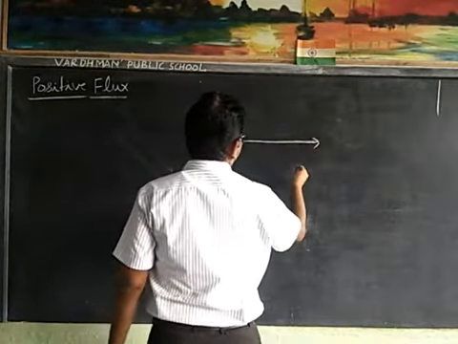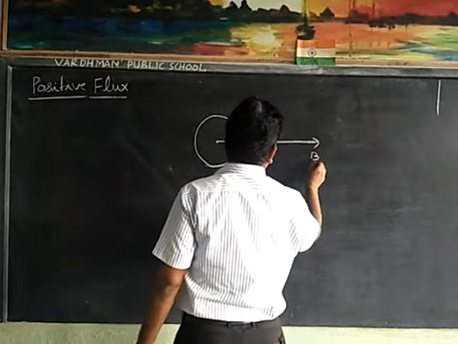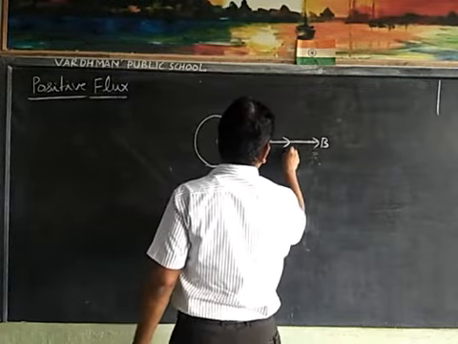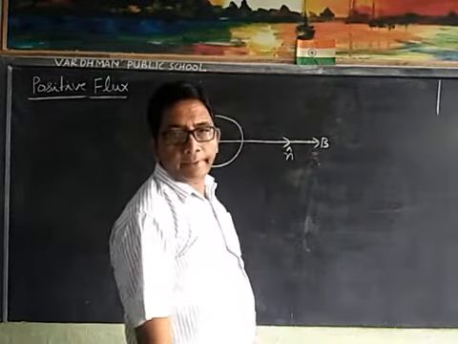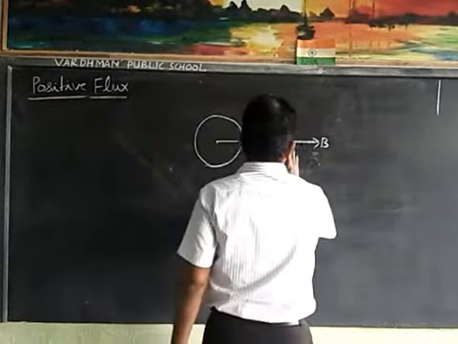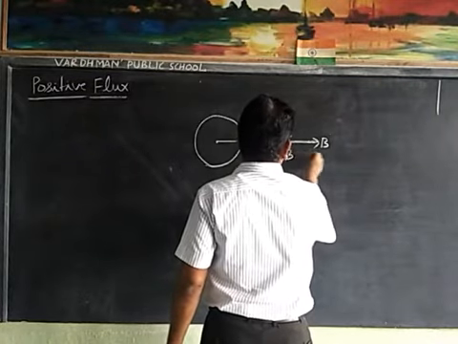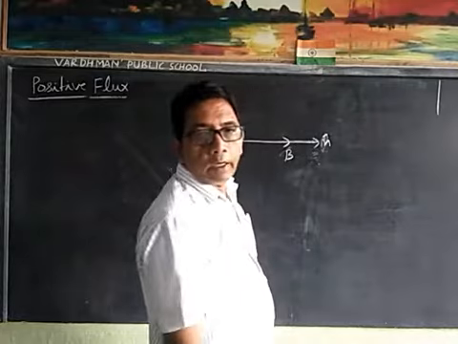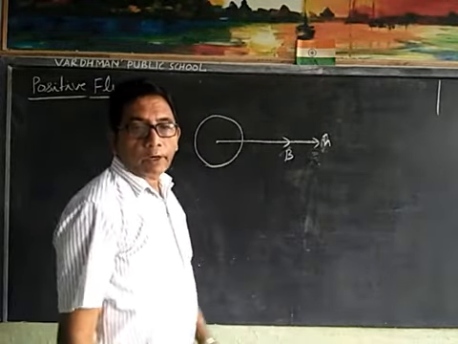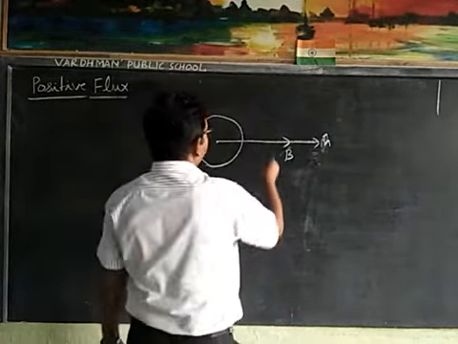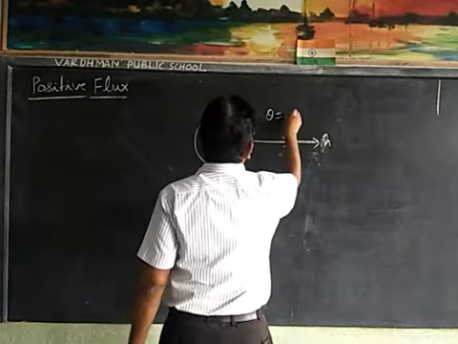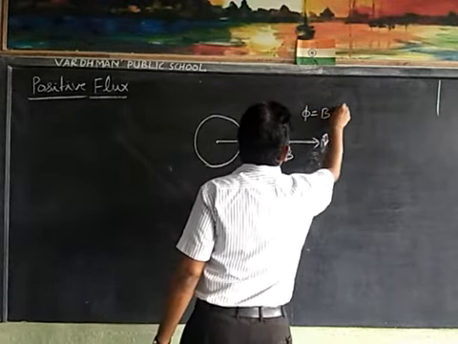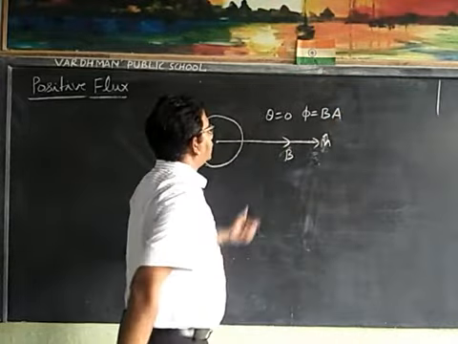Suppose this is the magnetic field and this is unit vector N. For theta equal to 0, phi is equal to BA cos 0, that is BA.